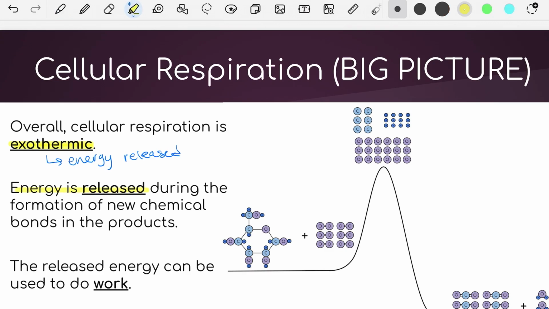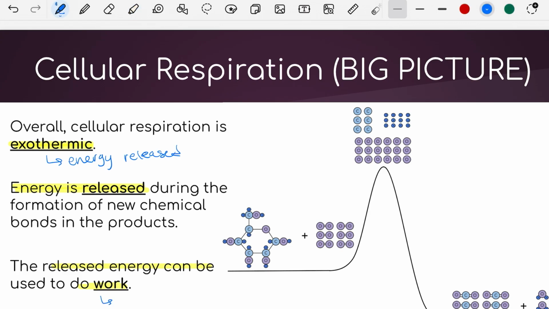Energy is released from glucose, and we use that to capture it, or we use that to store as ATP. So that the released energy can be used to do work. We call this free energy.